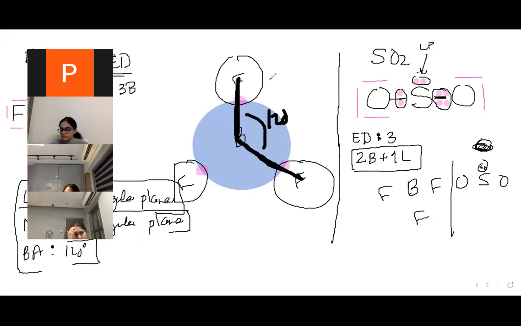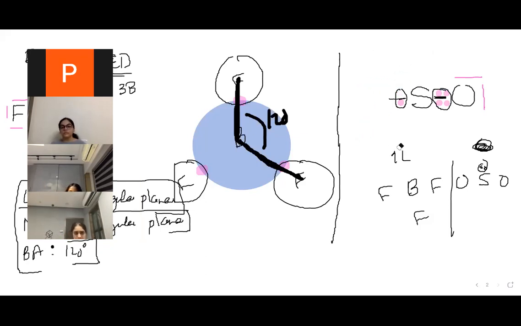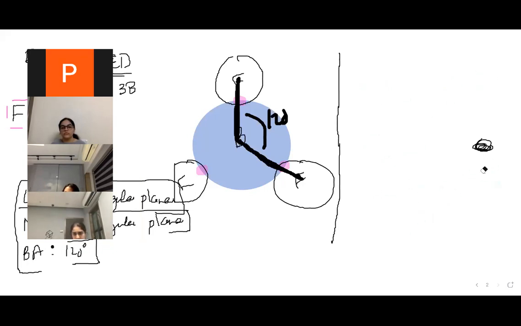Now in this case, let's see what the shape of the molecule and the electron domain geometry will be. Why does boron not have an octet? Oh, you don't need to get into that. Okay, so this is sulfur.